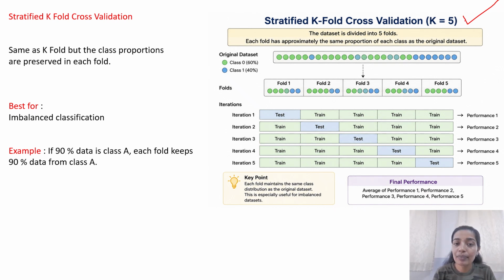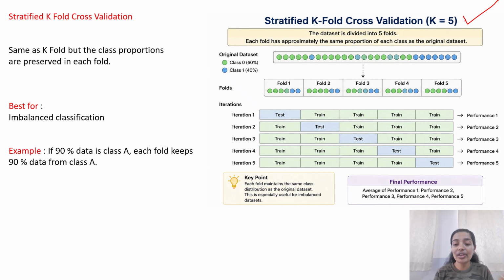In this example we have two classes, class 0 and class 1. Class 0 is represented by the green dots, which is 60% in the original data set, and class 1 is only 40% in the original data set, represented by the blue color.